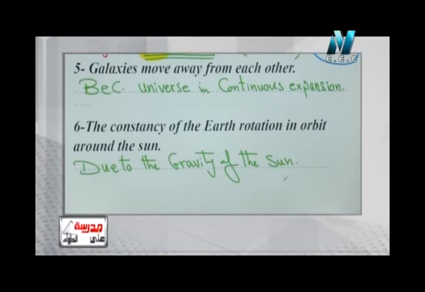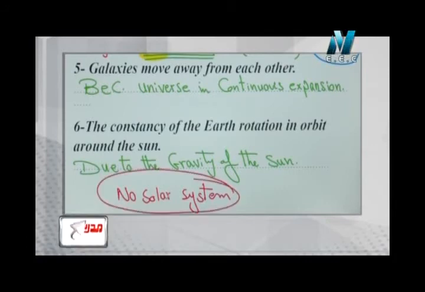طبعا هنا مش شرط ان انا اقول gravity, ممكن اقول central gravitational force. طبعا according to ان الصن هي اللي عامله gravity, لان في سؤال يعني انا برضو شفته في كتاب الوزاره بيقول لي what happens if no gravity of the sun. لو الصن ملهاش gravity نقدر نقول فيه ايه؟ no gravity يبقى no solar system. طبعا مش هيبقى فيه solar system, لان السولار سيستم كله depends on the gravity of the sun. مفيش gravity of the sun, مفيش solar system. طبعا هعيد واكرر تاني dear students, لازم نقرا ال question more than one time.